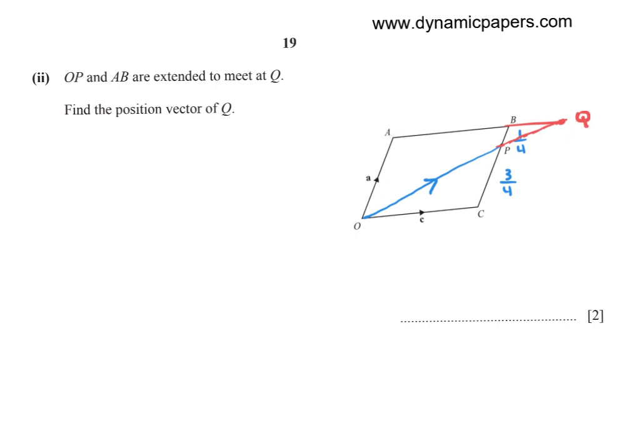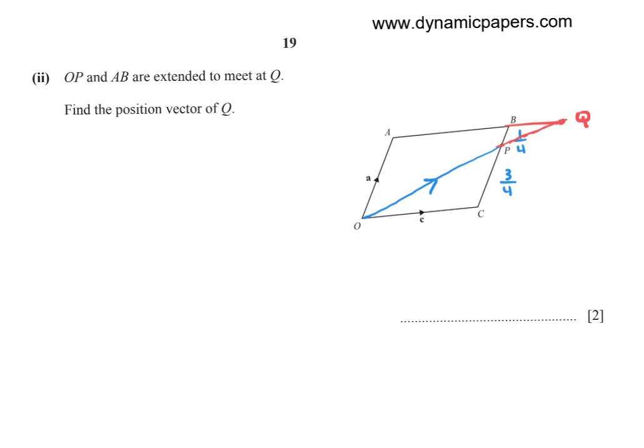To find AQ, use the similarity between this triangle and the bigger one. This side is 1 over 4 of that one. BB is 1 over 4 OA. So BQ is 1 over 4 AQ.